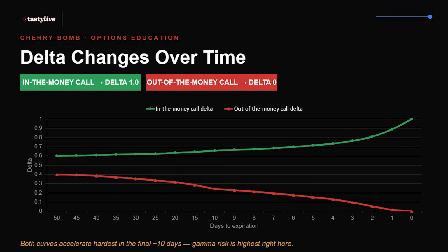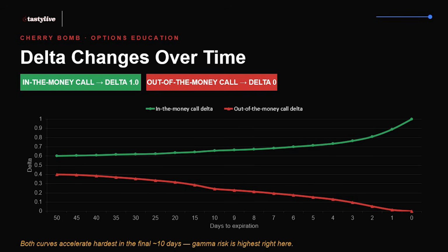On the x-axis I have days to expiration going from 50 days on the left to 0 days, or at expiration on the right, and then delta, and I have out of the money call, out of the money put. Out of the money call is the orange line. In the money call is the blue line. And it works the same way with in the money and out of the money puts.